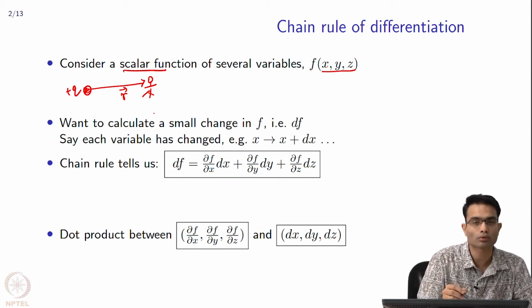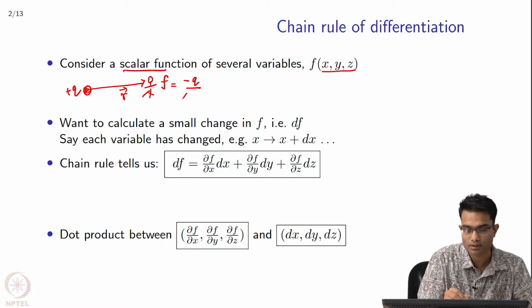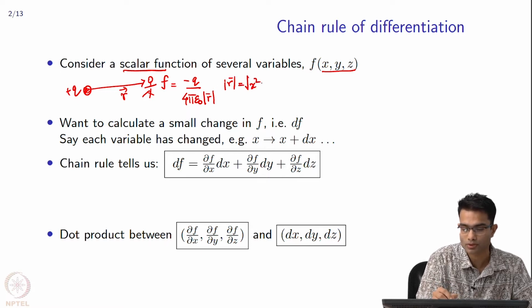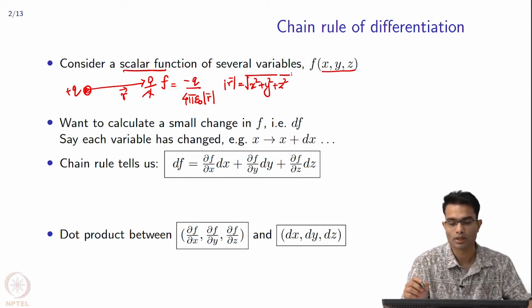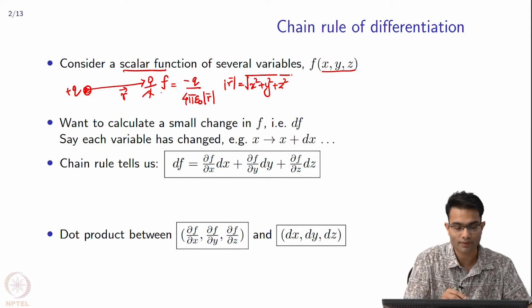Now, we all know from high school that potential is simply given by a simple expression, minus q by 4 pi epsilon mod r, where mod r is square root of x square plus y square plus z square. Okay. So, now you have this function f over here, which is a function of 3 variables x, y and z.